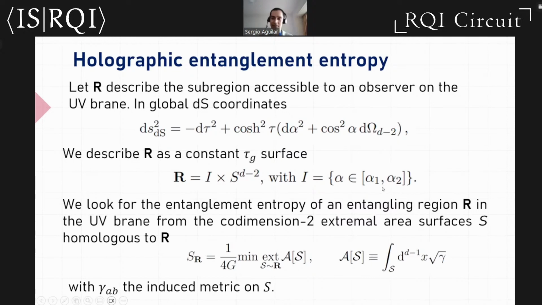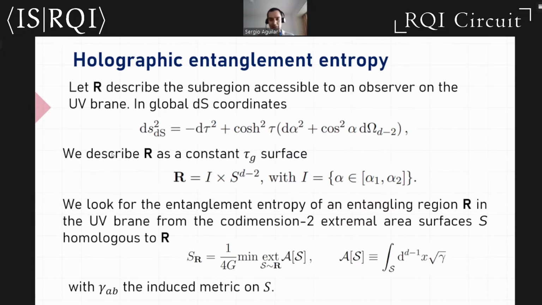These are the maximal and minimal values for the angles, and then we're looking at different global time slices. Then we can think of this as an observer on the UV plane, and this is the natural coordinate system that they will be measuring in global de Sitter coordinates.